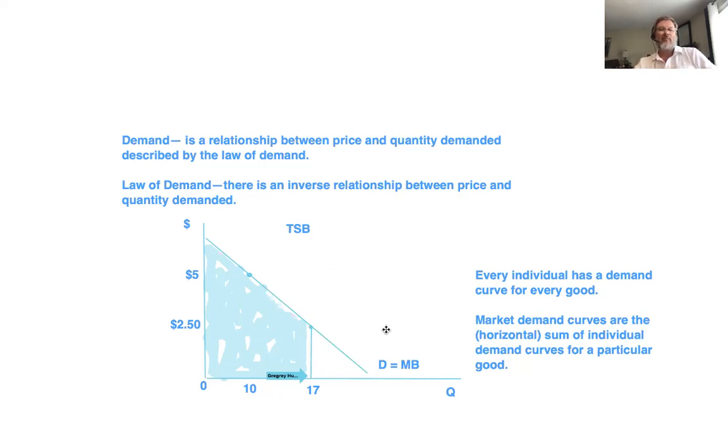And so the implicit assumption that's driving that, something we're going to talk about more extensively later on in the class, is an assumption of diminishing marginal utility.